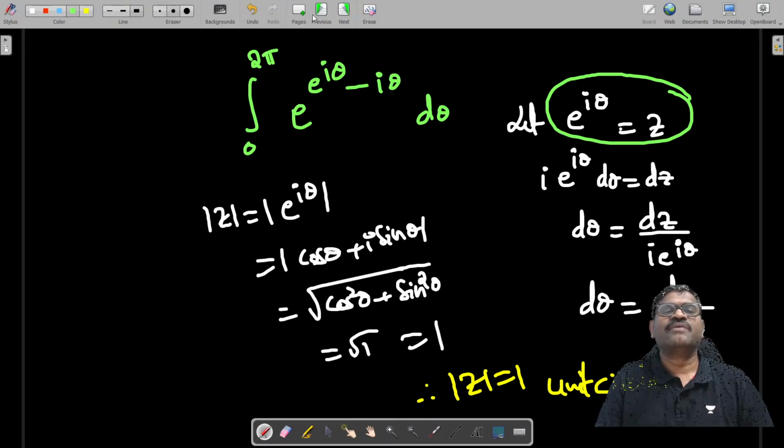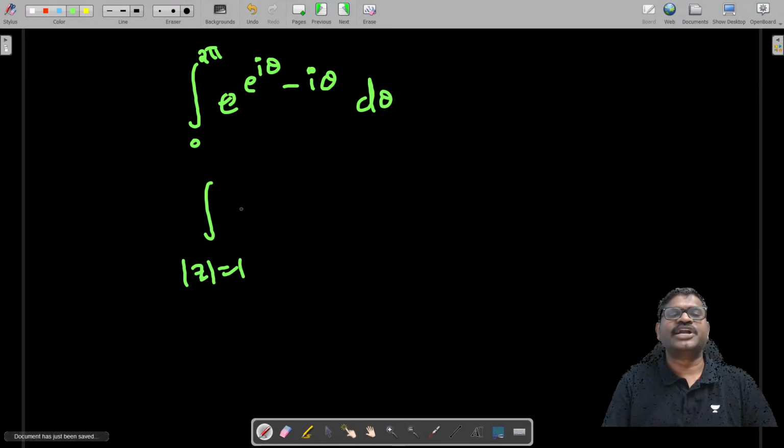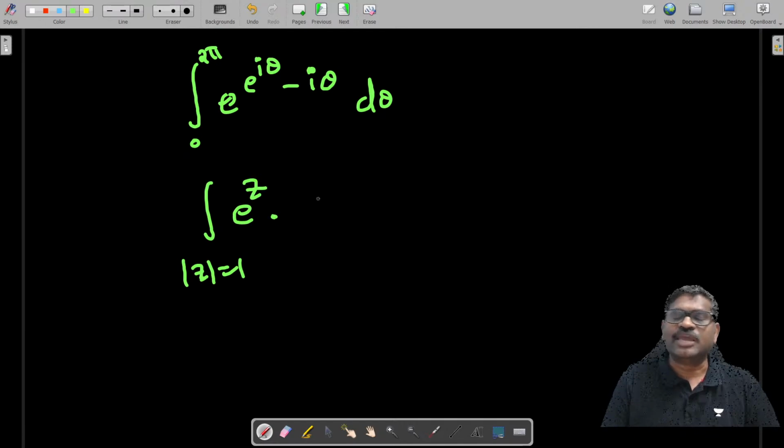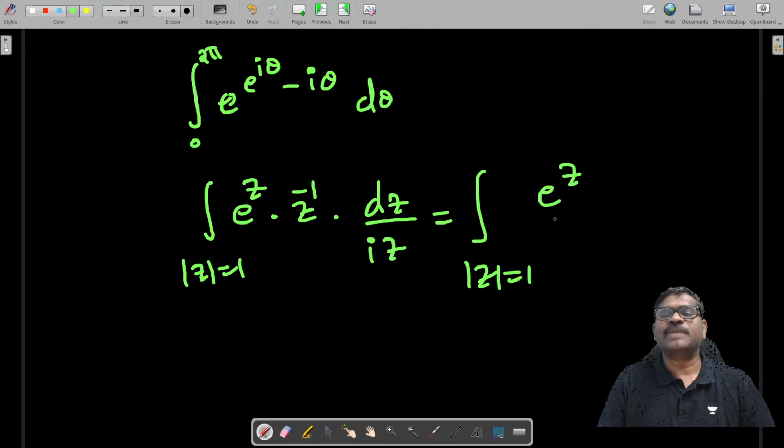So when the curve is the unit circle, the integral with e power i theta as z, e power i theta minus i theta d theta, can be written as integral mod z equal to 1 e power z. e power i theta is z, e power minus i theta is z inverse, d theta is dz by iz. Therefore, integral mod z equal to 1 e power z by z square, i, dz.